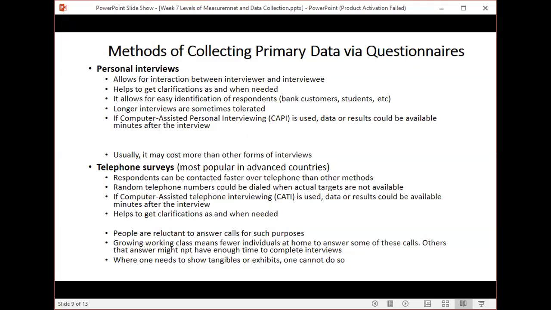What are the disadvantages? We are saying that people are reluctant to answer calls for such purposes. I mean, people these days are not so eager to answer strangers on the phone. So you call them, they might hesitate to answer you, right? Okay.